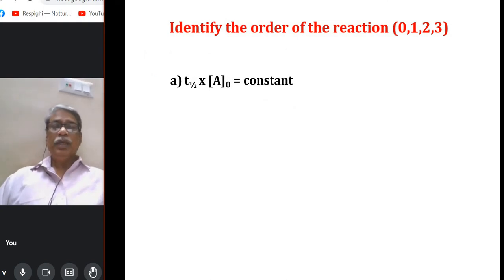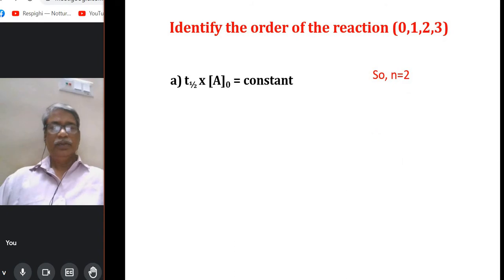Now we'll be using those concepts and equations that we have discussed so far for a particular type of problem, that is identifying or justifying the order of the reaction, either 0, 1, 2, we are restricted to only these values 0, 1, 2. I'll be giving some conditions, and you have to verify or justify which order the reaction belongs to. The first one, T half into A0 is constant.